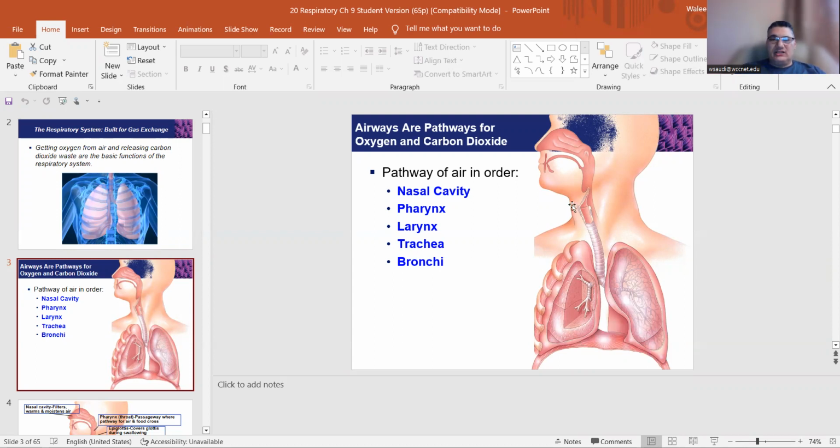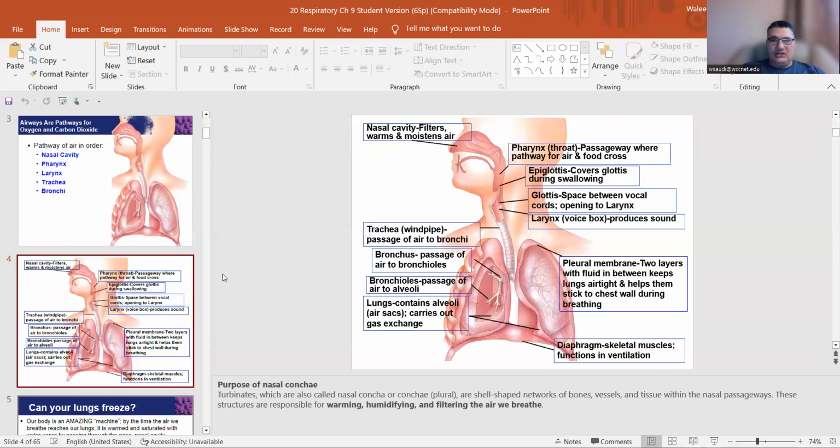So this sequence is important to know. I can ask you, which of the following is the correct sequence? So it is the nose, pharynx, larynx, trachea, bronchi or bronchial tree, until it goes all the way to the alveoli. So this is something that you need to know.